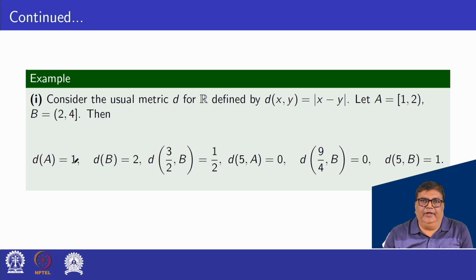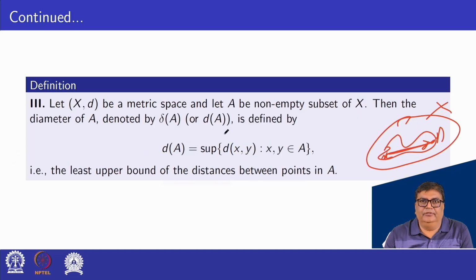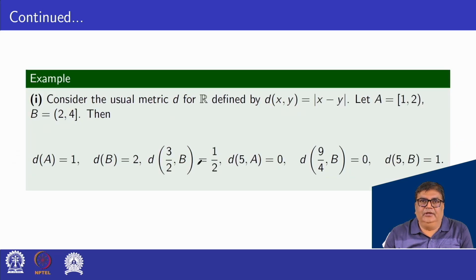Then what is the diameter of A? The diameter of A is 1, because here d(x,y) is defined by the usual metric mod x minus y. So the supremum value of d(x,y) is 2 minus 1, that is 1. And the diameter of B, as per the definition of diameter, is the supremum of d(x,y), so the supremum of d(x,y) on B is 4 minus 2, that is 2.